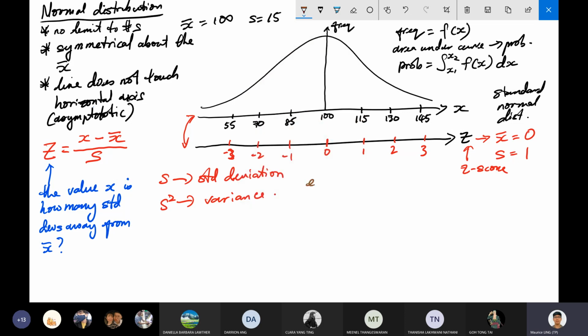Let's say the IQ score has a mean of 100, standard deviation of 15. What is the probability of finding a person with an IQ score of more than or equal to, let's say, 133?